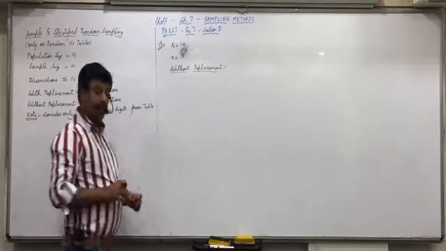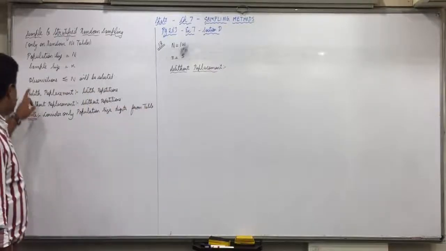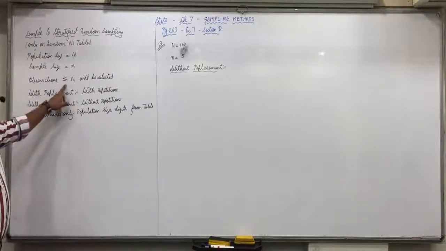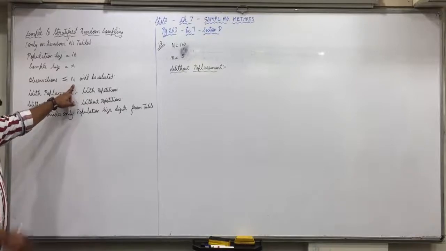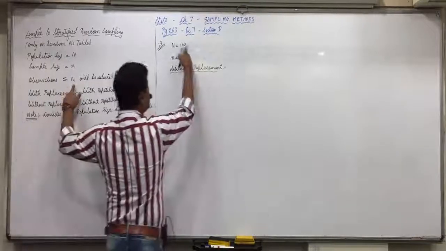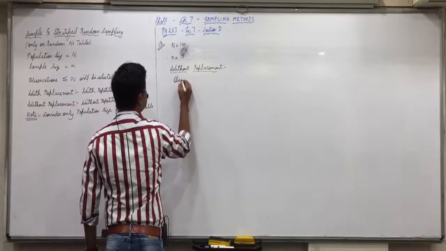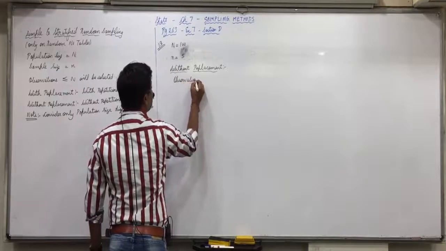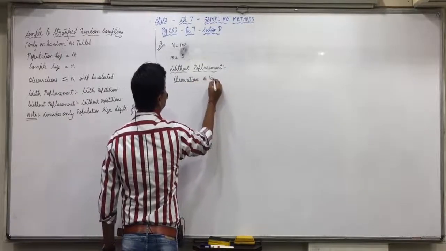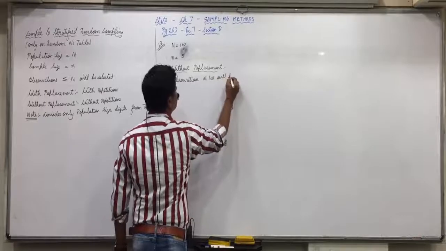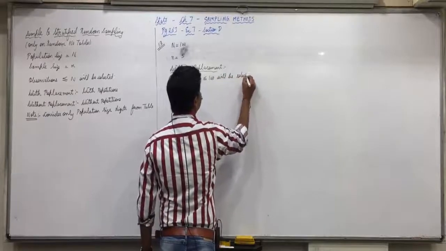So, as I discussed, we will select observations less than or equal to N. Here N is 100, so observations less than or equal to 100 will be selected.